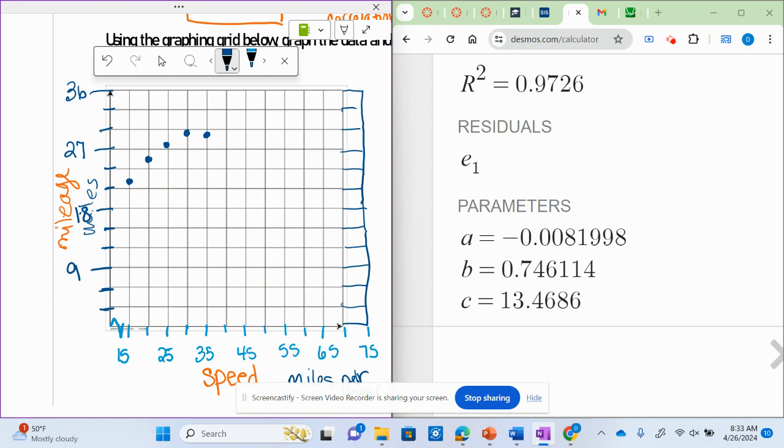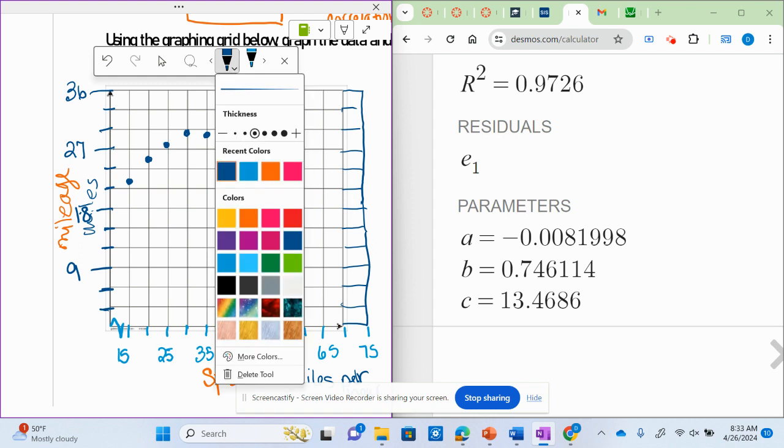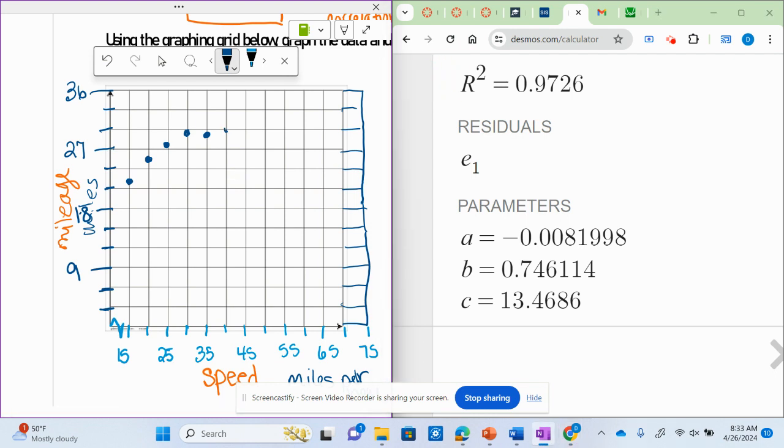And then 40 is at 30. So that's my bobble up again. 45 is at 29.9. So that's right below the 30 again. 50 is at 30.2. So right above the 30. 55 is at 30.4.